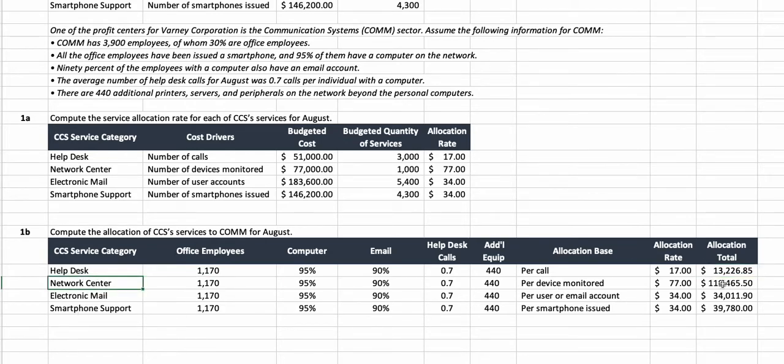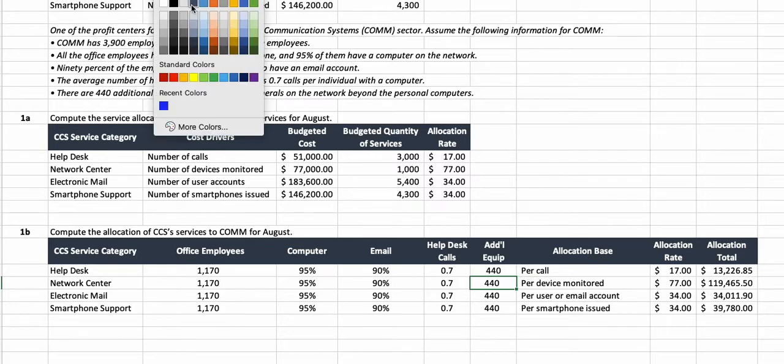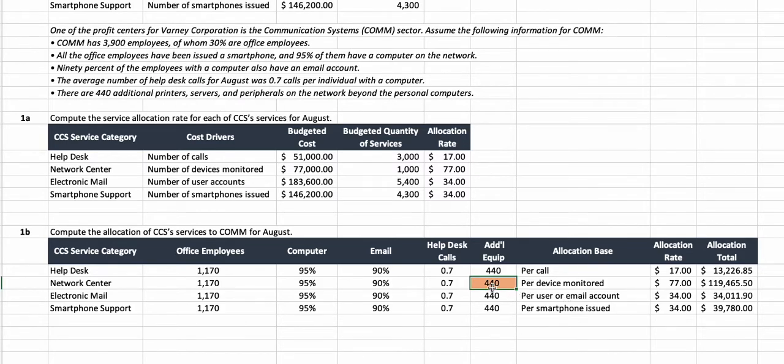So with the network center, we know that we need to factor in the additional equipment. So I'm just going to highlight that. There we go. So we want to factor in this additional equipment. Again, I start with my universe of 1,170. I want to only bring in those people who already have a computer. But then I also somehow need to factor in this 440.